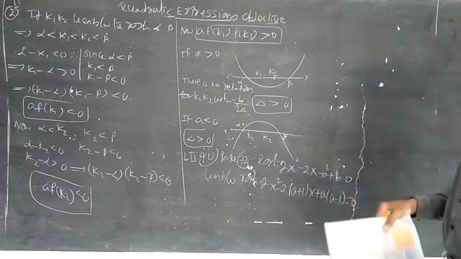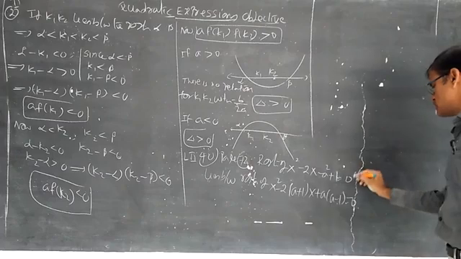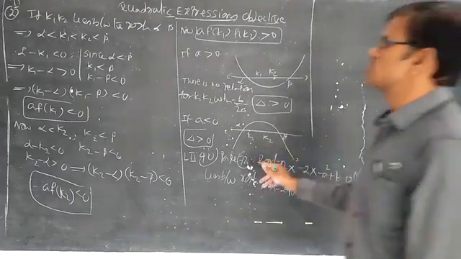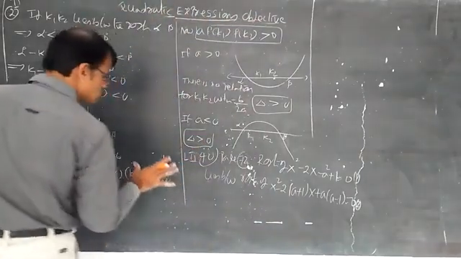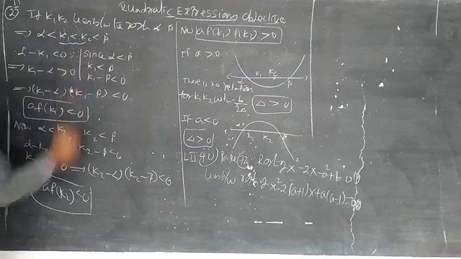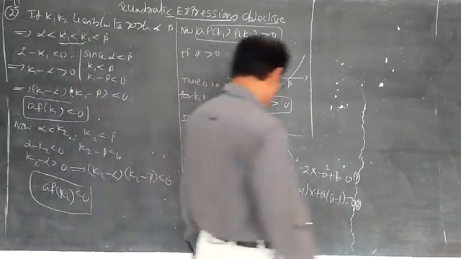First of all, we need to calculate the roots of the first quadratic equation. So the meaning is that the roots of the first equation are K1 and K2, and alpha and beta are the roots of the second quadratic equation.